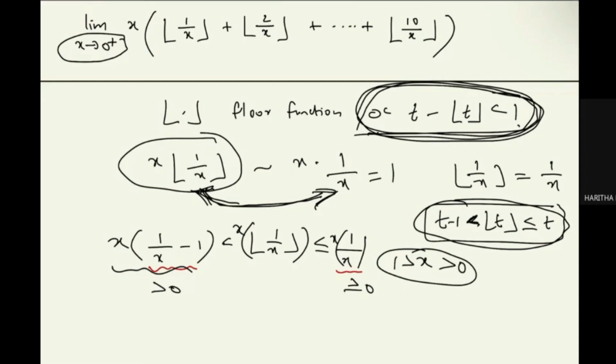For this entrance exam, you can get away with skipping this. But if you are actually writing the proof, you should be careful about these details, because this inequality is not true for every x.